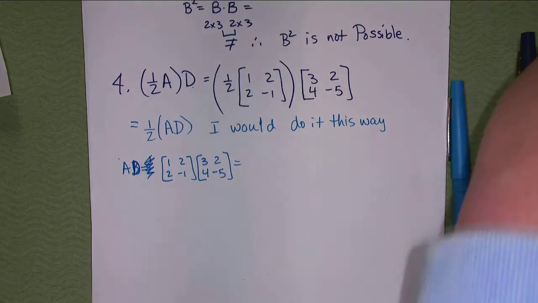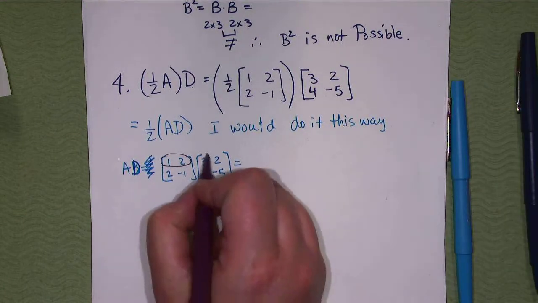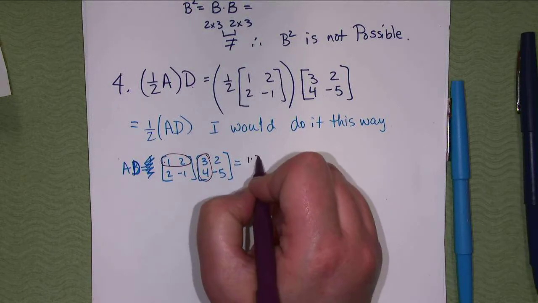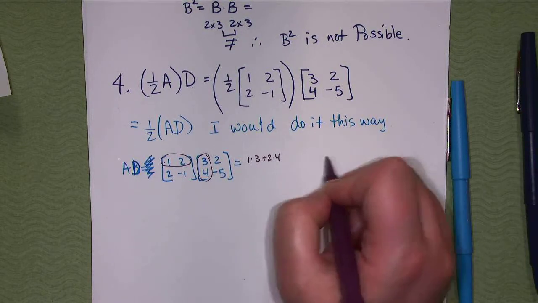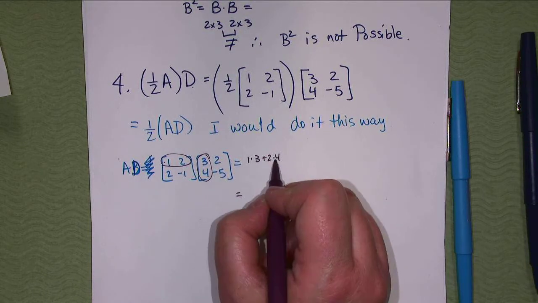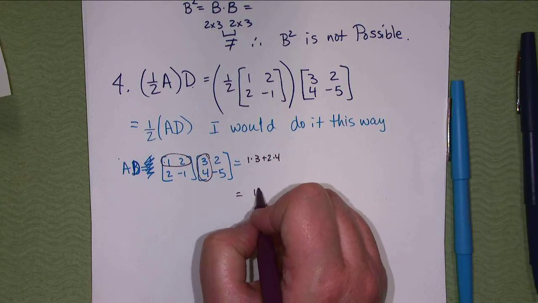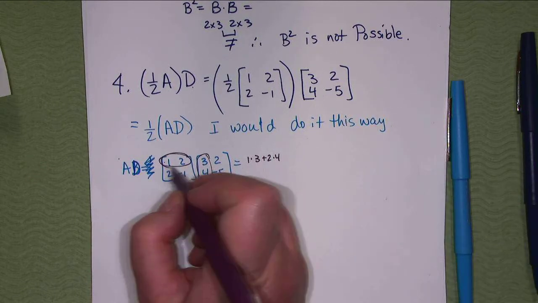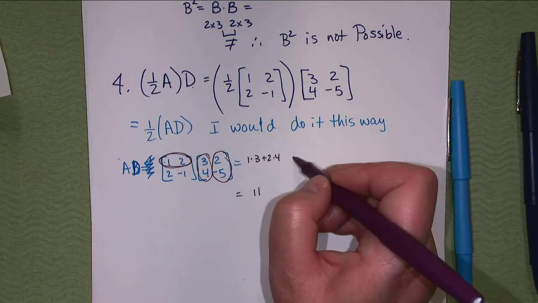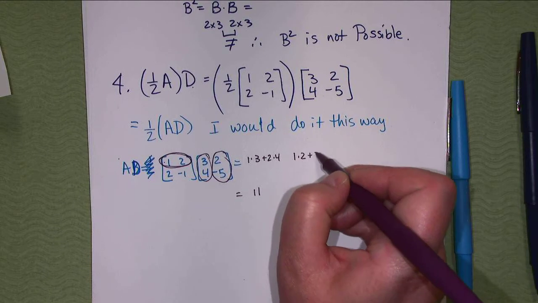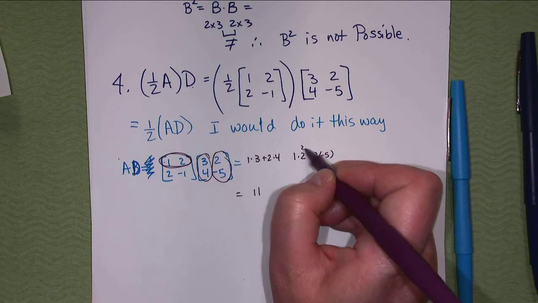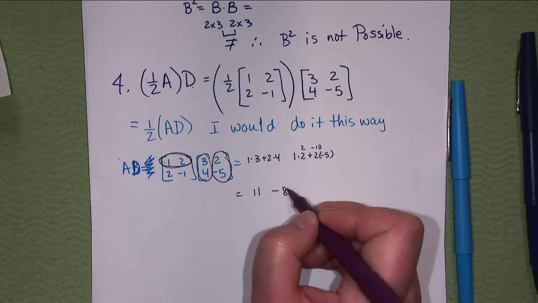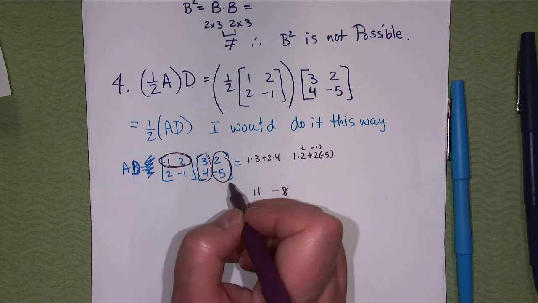So 1 times 3 plus 2 times 4, 11. Staying with row 1, 1 times 2 plus 2 times minus 5 is negative 8. And now I'm done with row 1 because there's no more columns, so I go on to row 2. And that will form row 2.